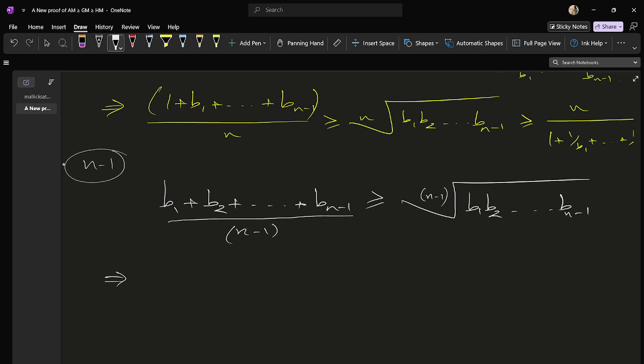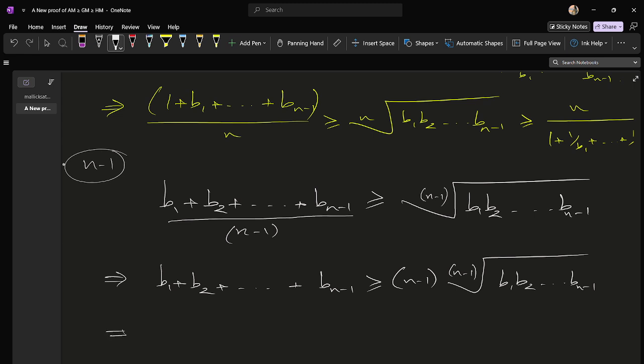Now I want to do this: the n minus 1 will arrive on the RHS. So now I am just adding 1 on both sides.